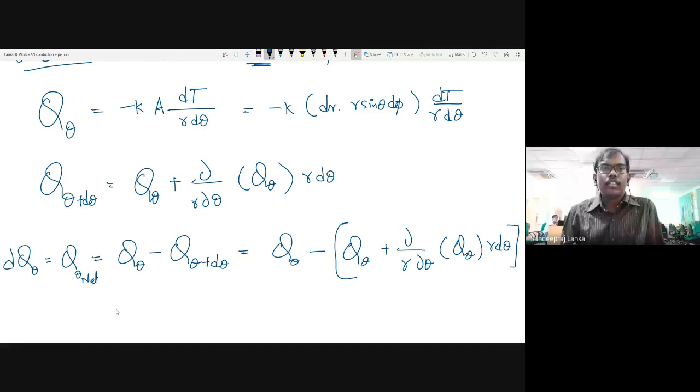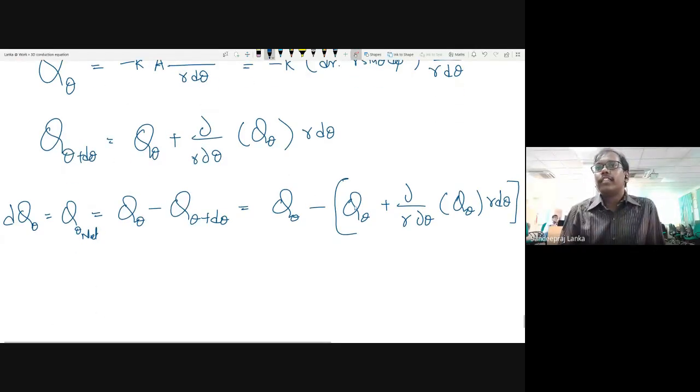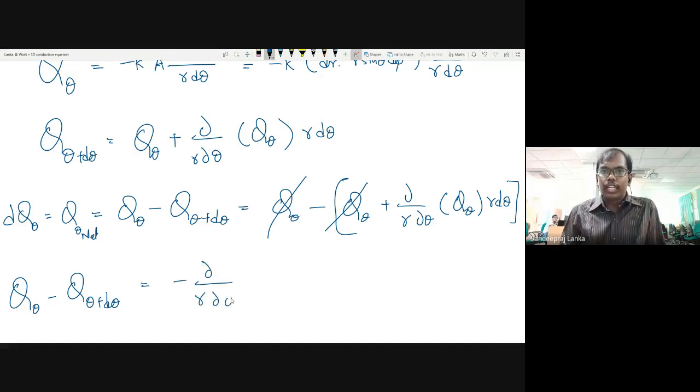This is what I get. So these two will get cancelled. When these two are cancelled, what I have here is q theta minus q theta plus d theta is equal to minus dou by r into dou theta into q theta. I will substitute here. This is my q theta.